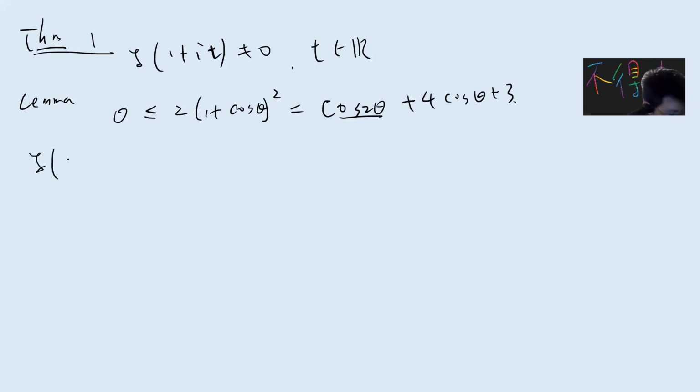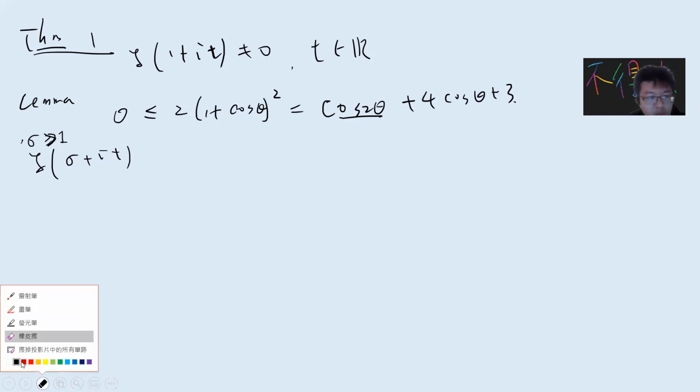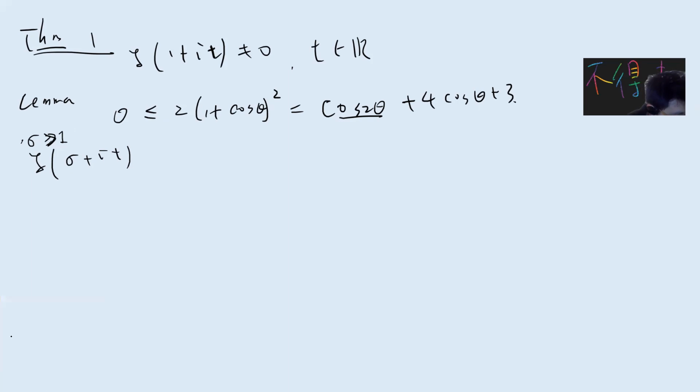Now you can write zeta of sigma plus it. Let's take a real number sigma greater than 1 and consider this sigma plus it. And you can use the Euler product formula.